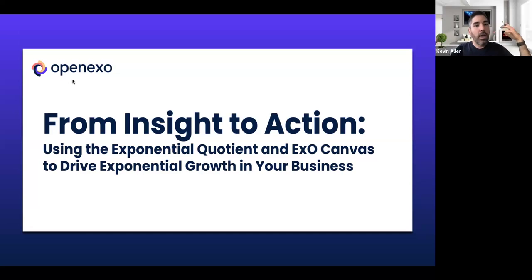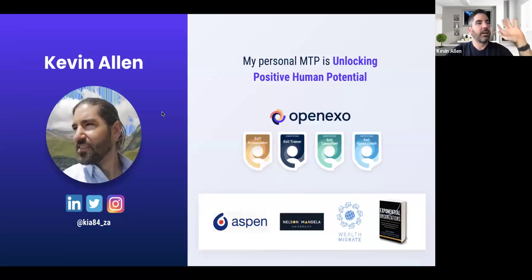Now, you may know me or not know me, but ultimately I'm Kevin Allen. I have been a part of the Open EXO community since 2017, and ultimately read Exponential Organizations in 2015, and really started diving deep into how the model can help organizations.